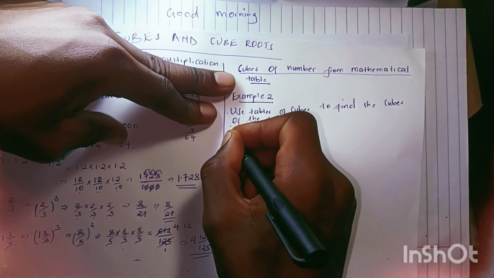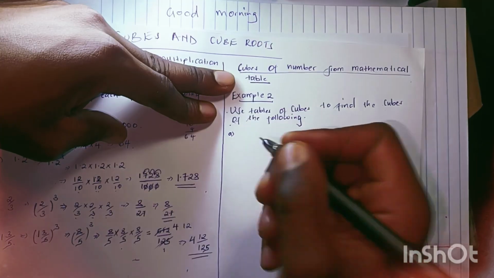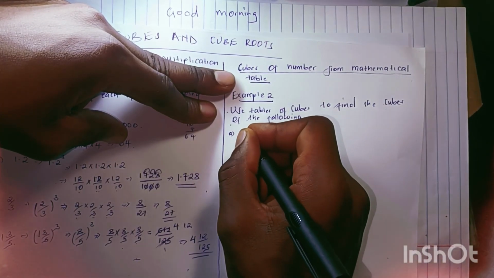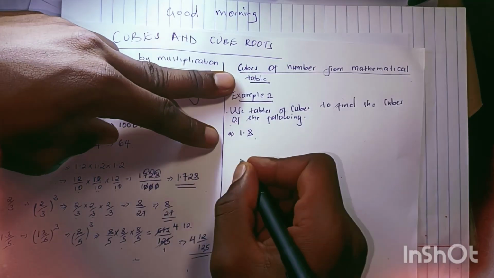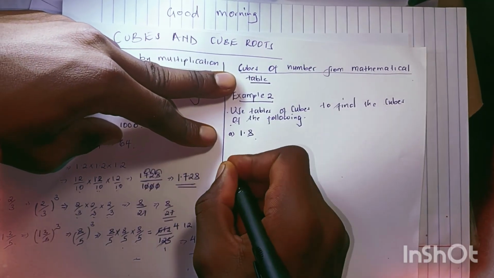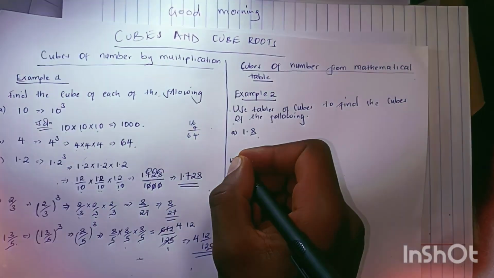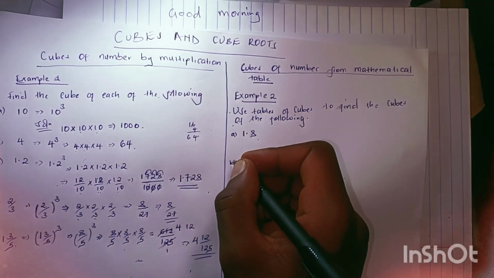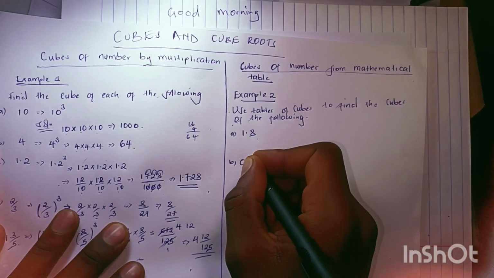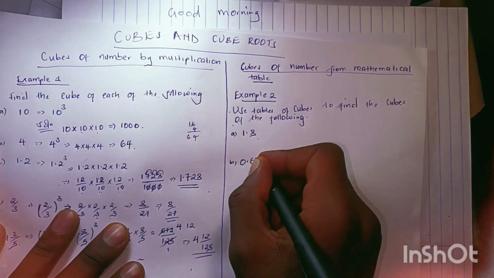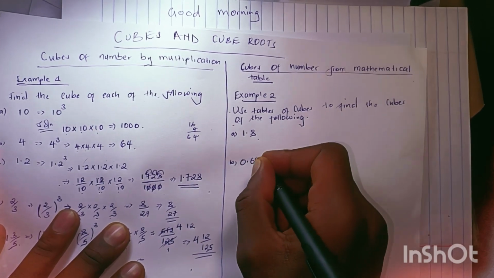Let me begin with the first one. The first one is 1.8. Then the second one, let me pick B, a good example to be 0.697.